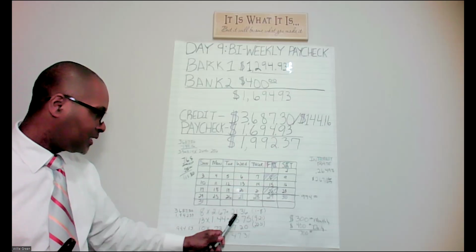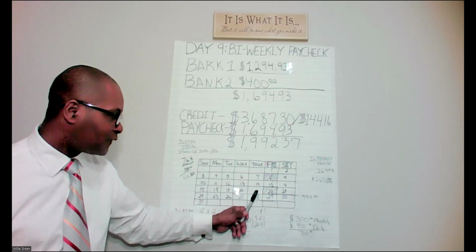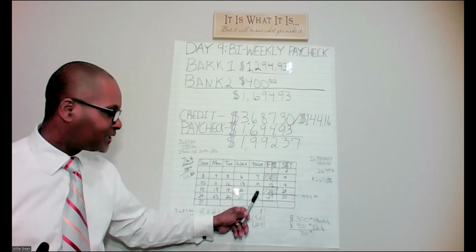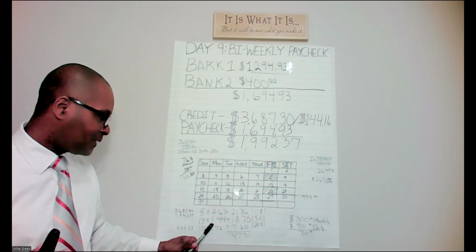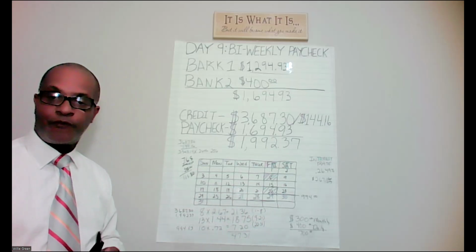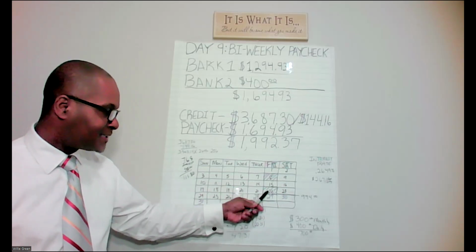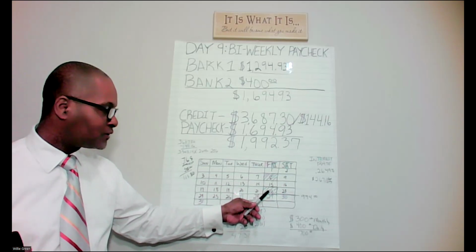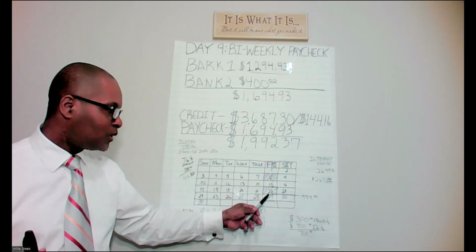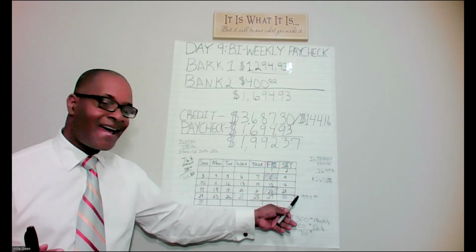Then from the 9th through the 21st, before the next paycheck, the average daily dollar balance that added up is $144. Once I get that second biweekly paycheck, almost $1,700, that will bring down the average daily balance to about $900 a month.